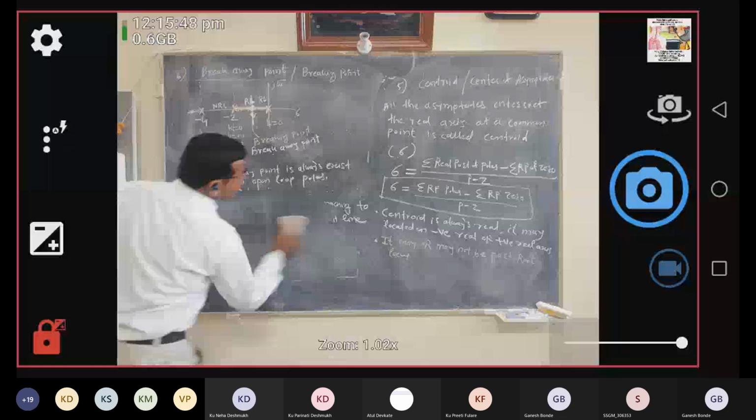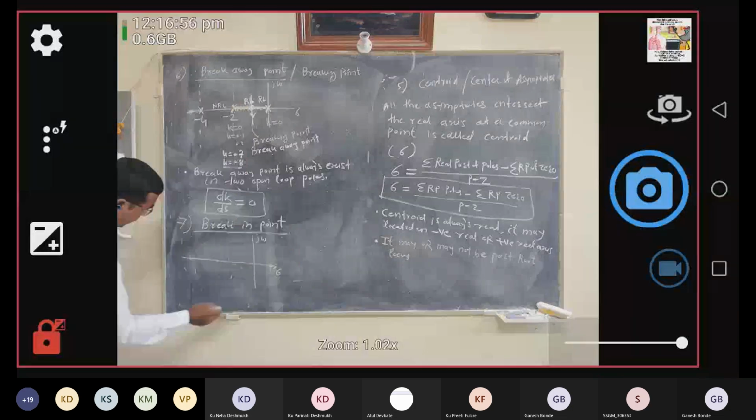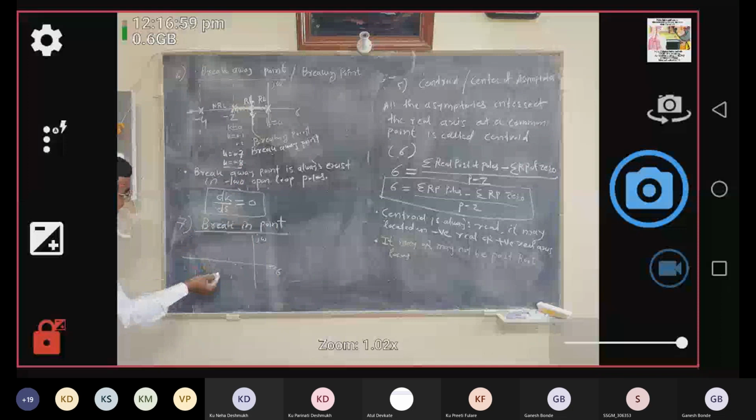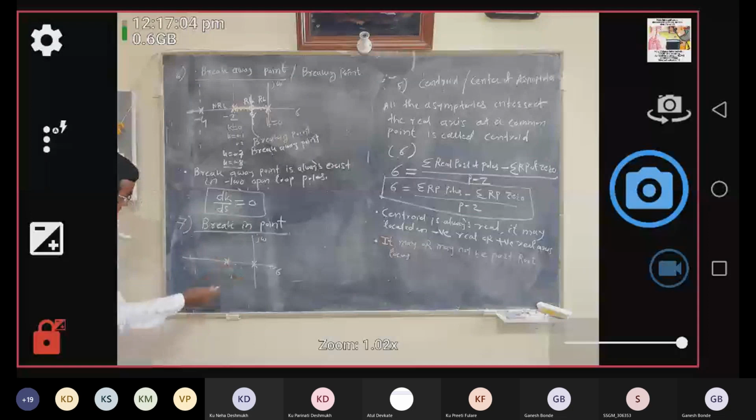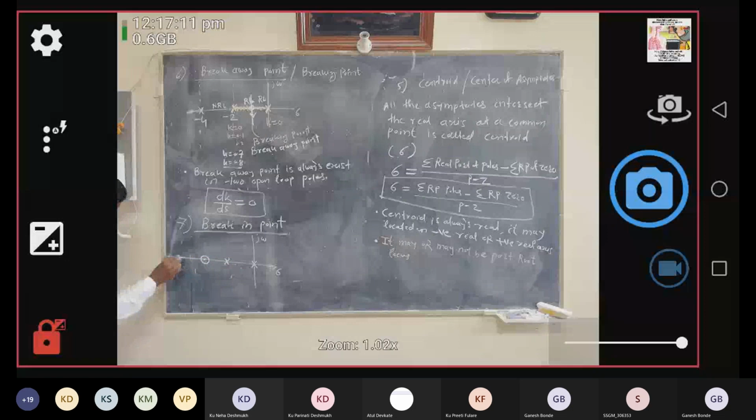So this is your sigma j omega axis. Let's say sometimes we take these two poles, and here we have two open loop zeros like this. The dot and the circle indicate the notation for open loop zeros.